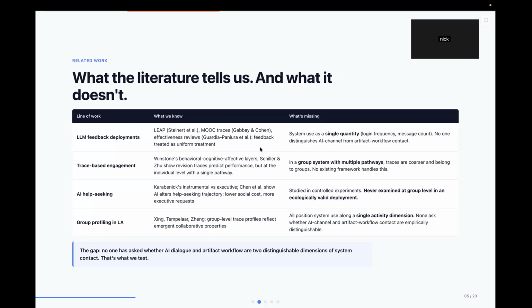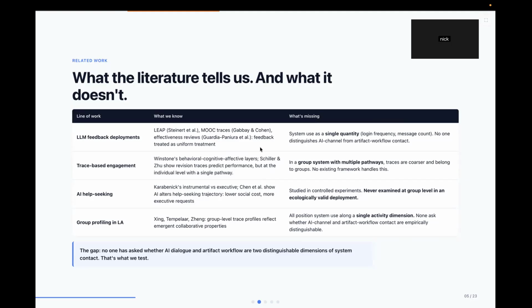Before we start with our system, let's discuss the current situation and related work. For LLM feedback deployments, we have MOOCs and many systems, but their problem is that they only use a single quantity. They do not split their analytics into different channels.